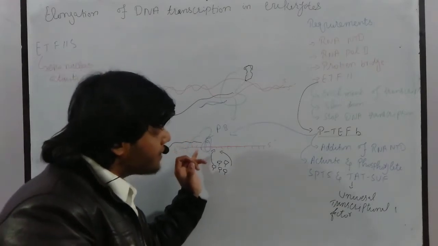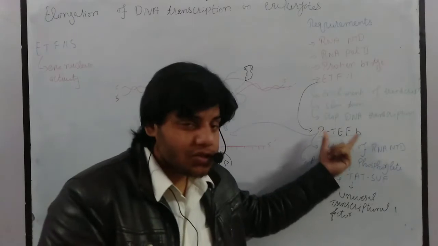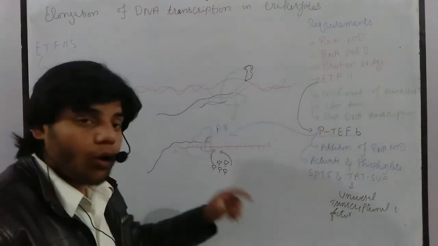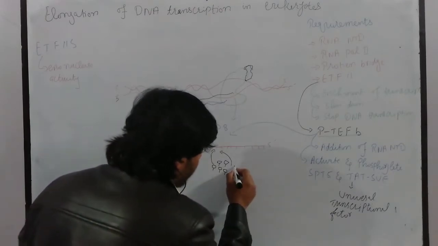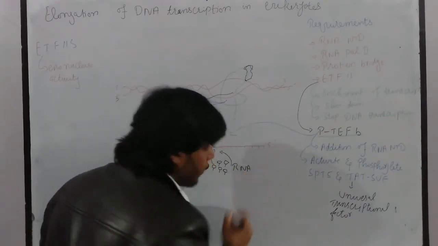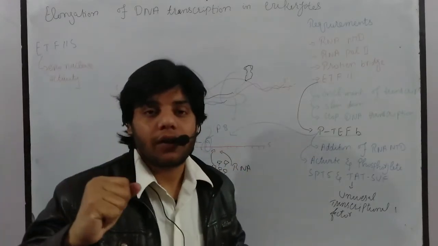The RNA polymerase gives a signal to this transcription factor, and the job of this transcription factor is to bring or receive the RNA nucleotides. So these are the RNA nucleotides, and then they will be added one after another.